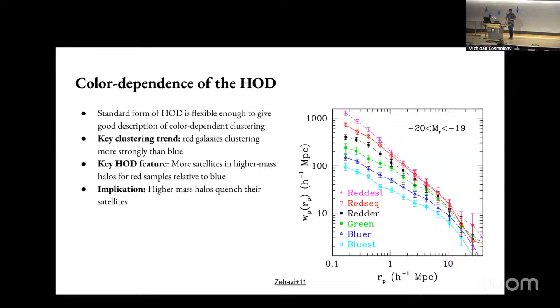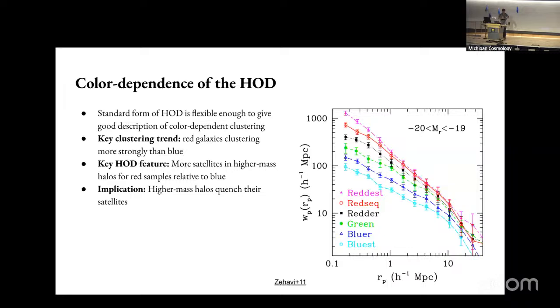You would pick your parameters according to where you are in your MCMC or optimization. And for the case of a central, say you have N_cen equals a half or a third in a halo of a given mass. Draw a uniform random number, and if your uniform random number is below a third, then you put a central there, and if it's above, then you leave it empty. And so this is the way in which you have centrals that populate your universe.